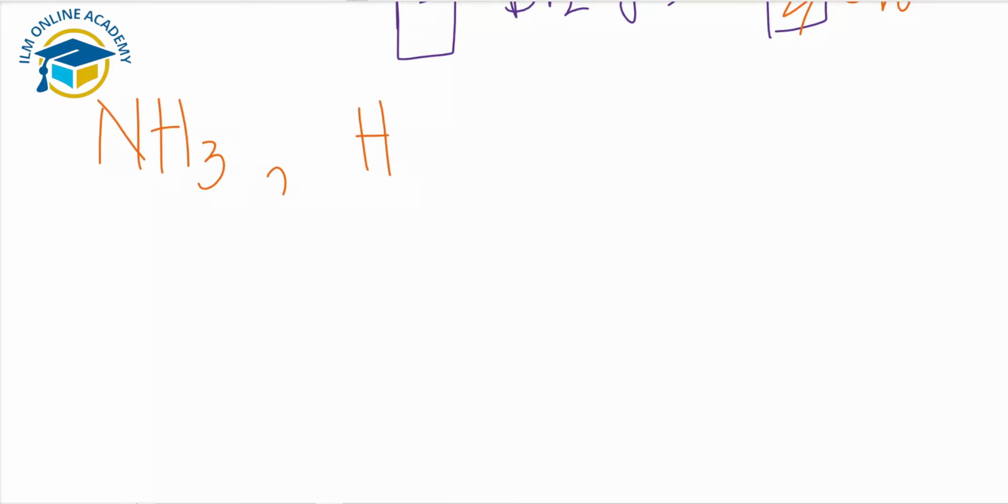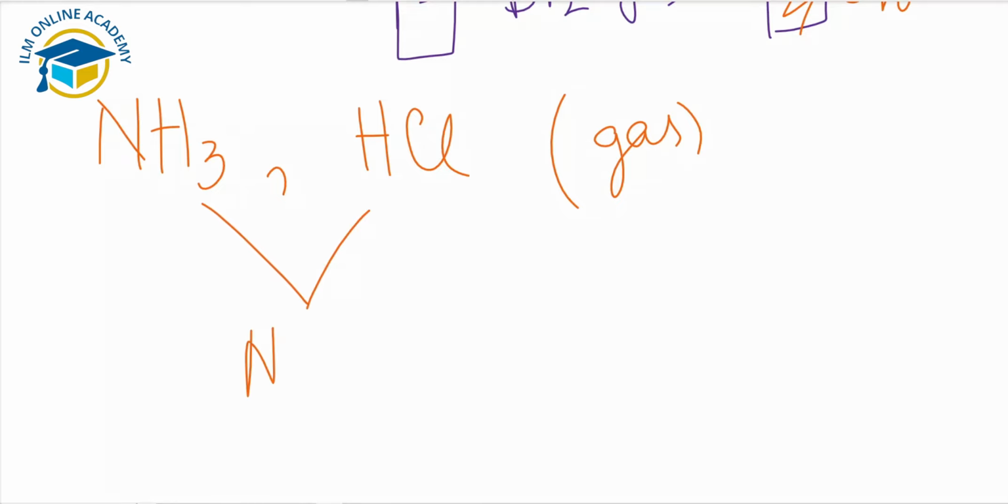So, diffusion of ammonia and hydrogen chloride. Ammonia gas and hydrogen chloride gas react with each other. Ammonia, NH3, and HCl are both present in the form of gas, right? When both are gases, they react with each other to form a solid known as ammonium chloride, NH4Cl.